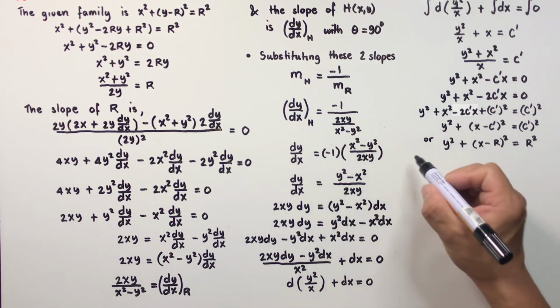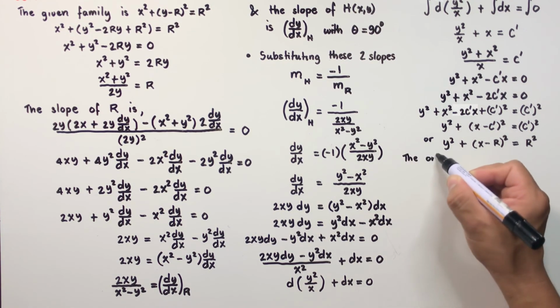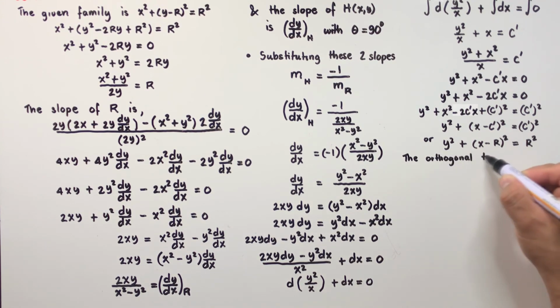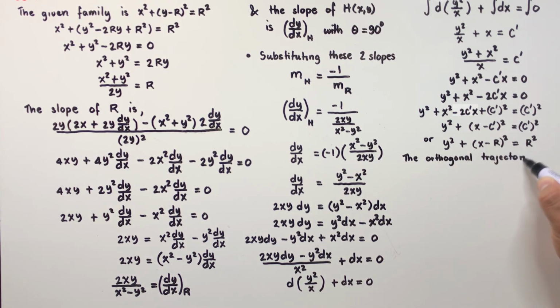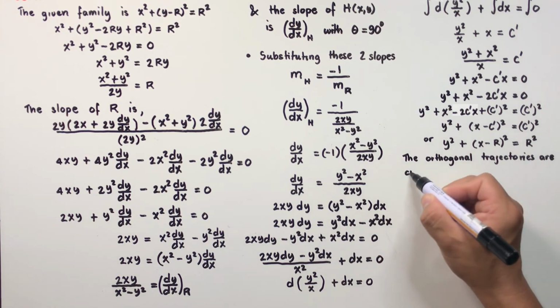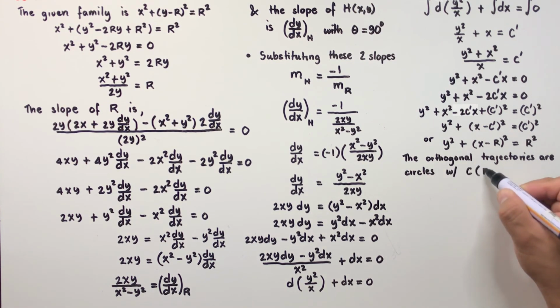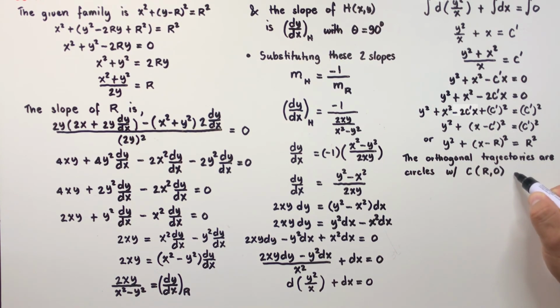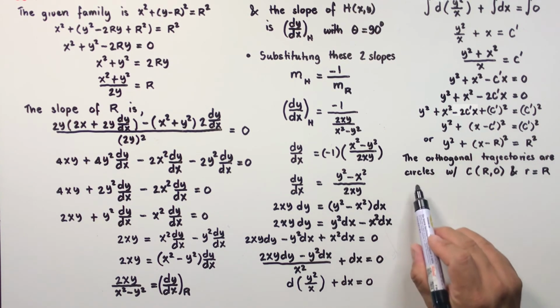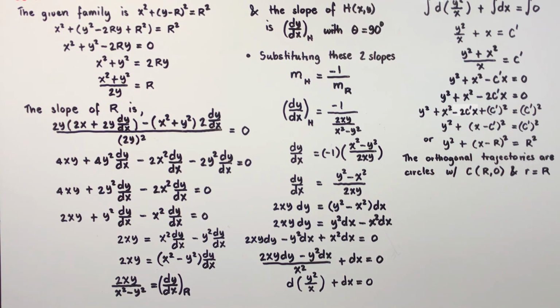So therefore we say that the orthogonal trajectories are also circles with center at the point r, 0 and with a radius of big R. So these are circles whose centers are on the x-axis with radius r.